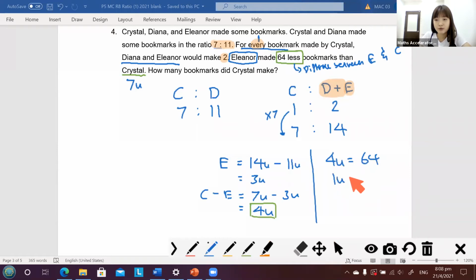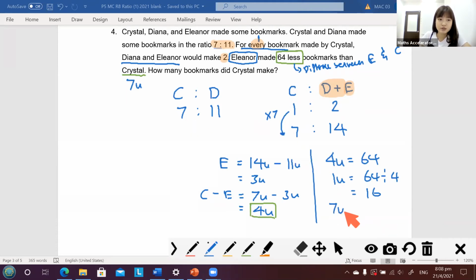We can look for 1 unit. 64 divided by 4, which will be, you can just type into your calculator. 16. Thank you. So now, how many bookmarks did Crystal make? Your final answer, look for Crystal here, 7 units. Don't look at the wrong one, not 1 here. It should be the correct ratio. 7 and 7 must be the same.